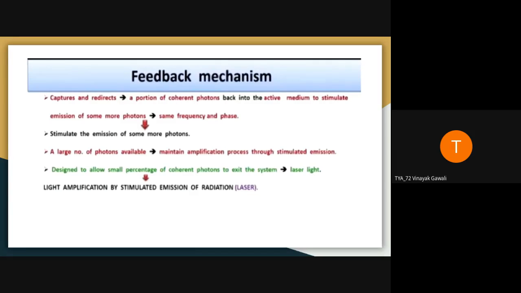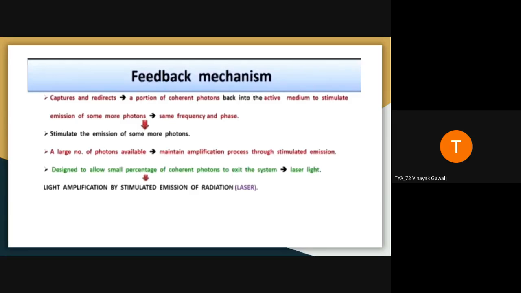I repeat, the feedback mechanism captures and redirects a portion of the photons back into the active lasing medium.